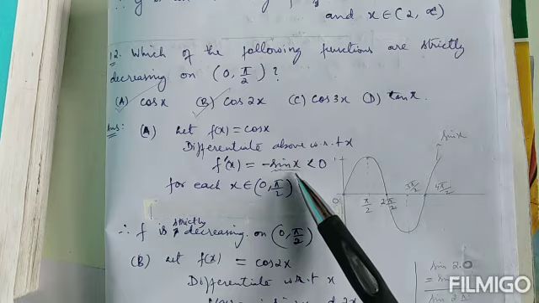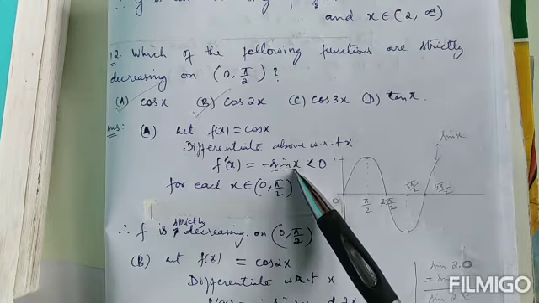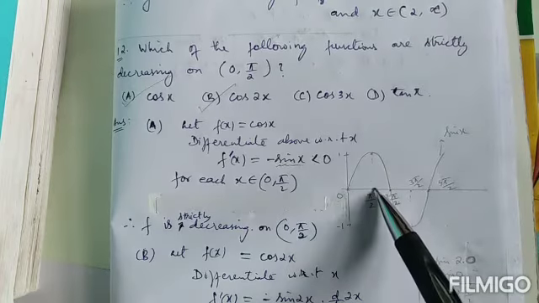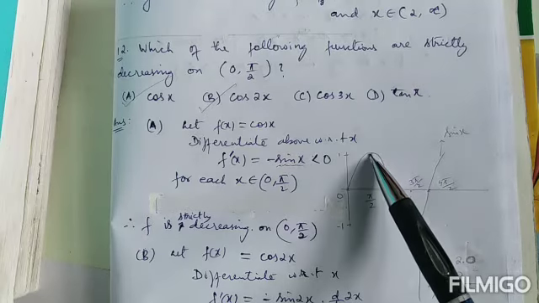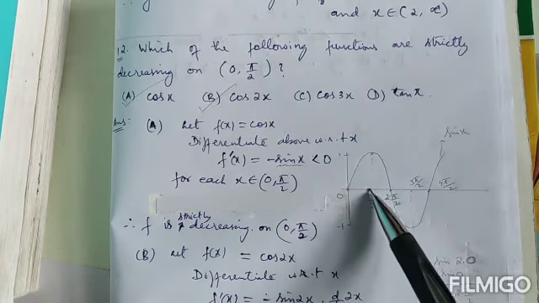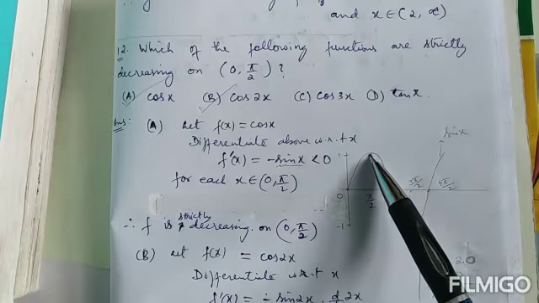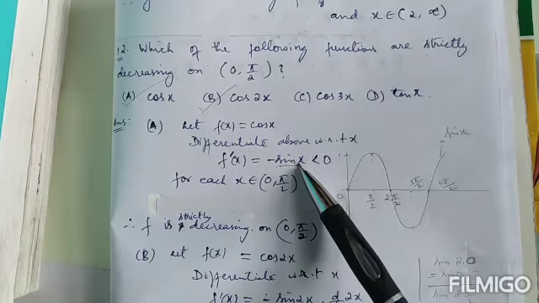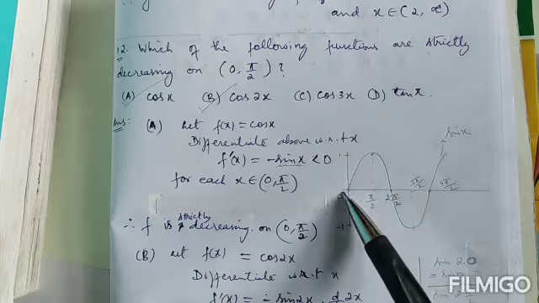So sine of x. What is x in this case? We have to consider x as given, 0 to 90 degree. So from 0 to 90 degree, the graph is on the top of the x-axis. Above this line it is positive. So sine of x will be positive, because our x is from 0 to pi by 2.